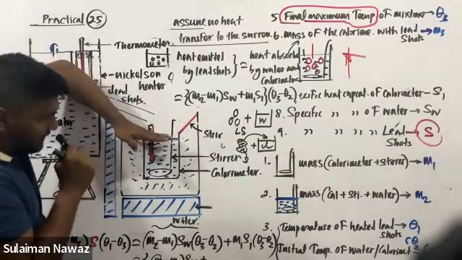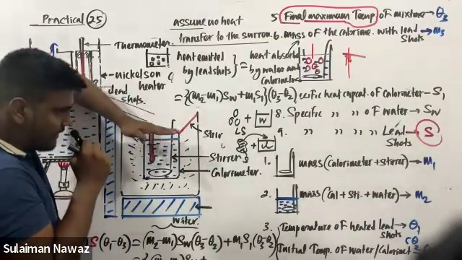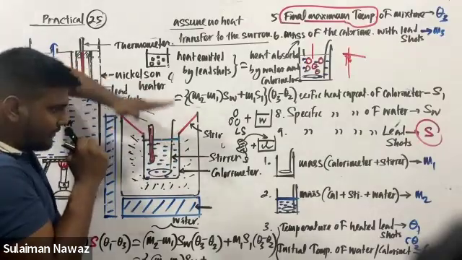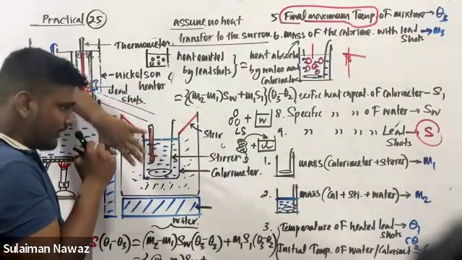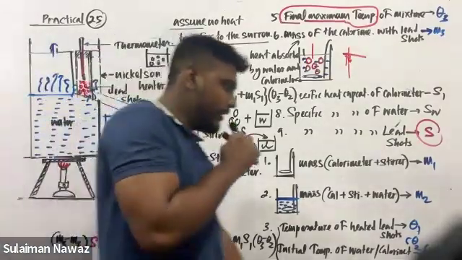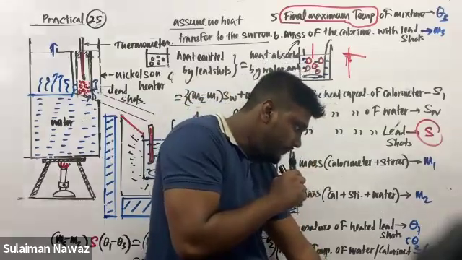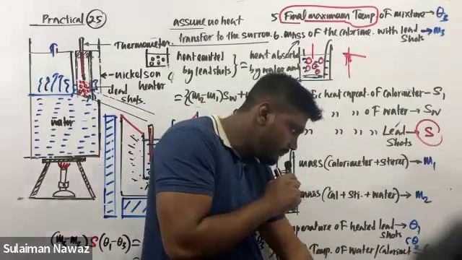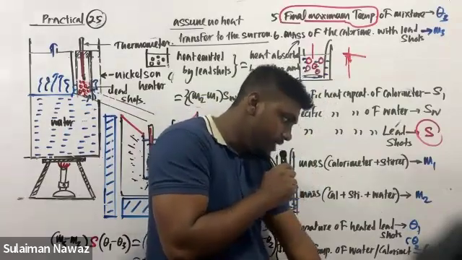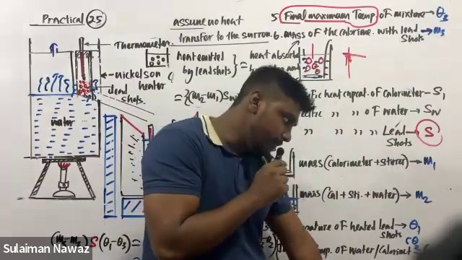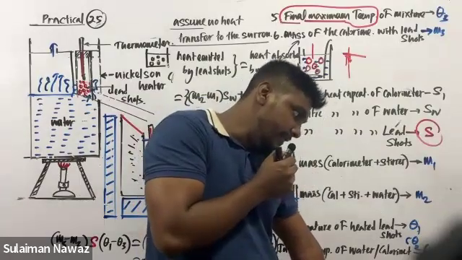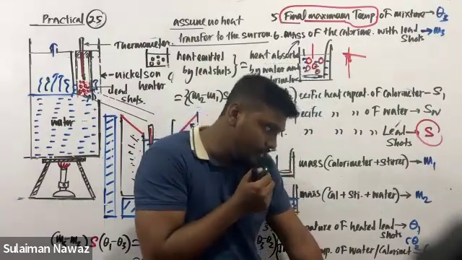If you cover this calorimeter using a lid, no water vapor evaporates into the surrounding, so you can reduce the heat loss. That is the idea. Okay, the fourth point: the calorimeter is covered with a lid to minimize the heat loss from evaporation.